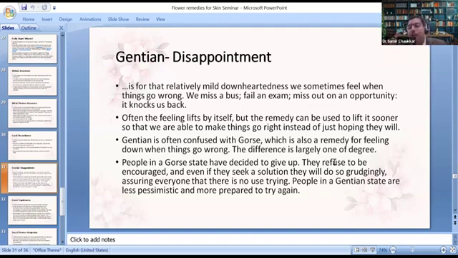Think of gentian. A lot of girls might require this, who become very, very sad at the appearance of pimples, hair fall, or a small white spot here or there. But if they are supported, encouraged, and motivated by their parents and friends, they are ready to go out. Remember that. This is very, very important. So this is the beginning stage of depression. You can think of gentian, not gorse. Gorse people are completely depressed. They don't want to do anything.